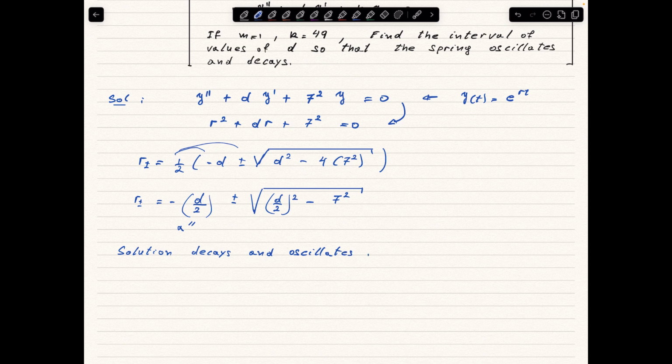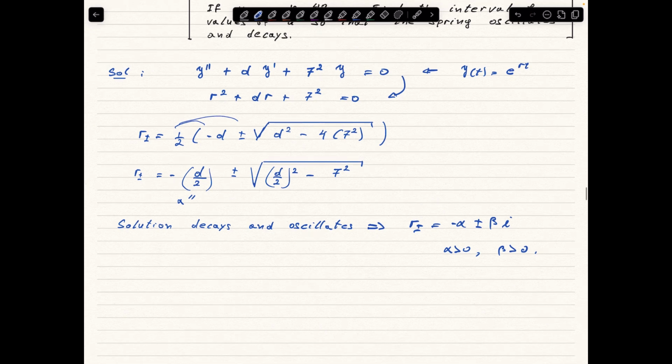That is going to happen when the roots have the form negative alpha plus minus beta i. This is the decay part, this is the oscillate part, where alpha is positive in this case and beta is positive. But we are going to have this part in the root only when this number here is negative.